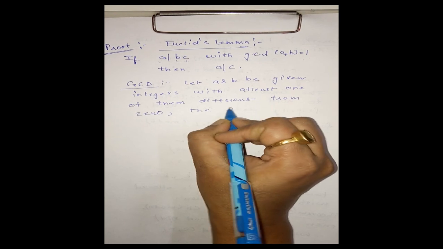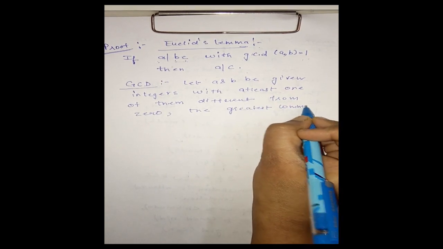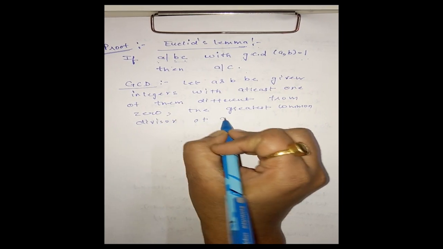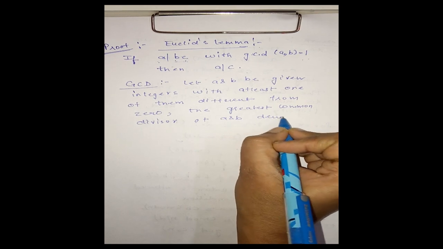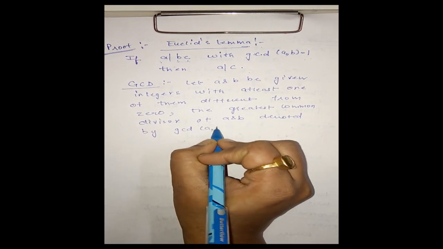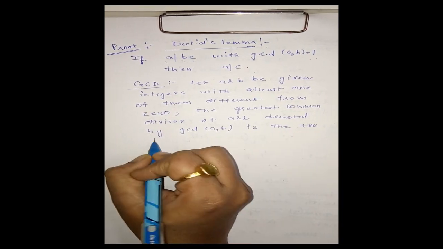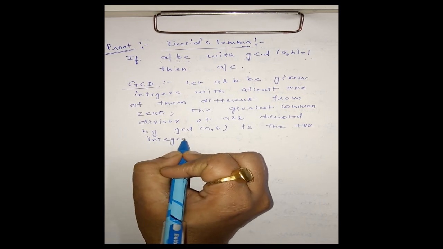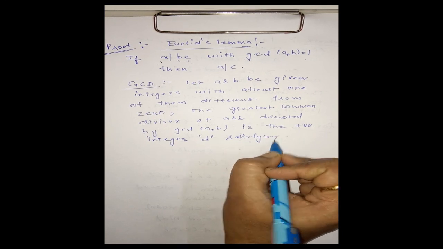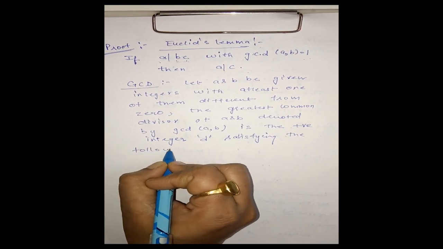The greatest common divisor of A and B, denoted by GCD(A, B), is the positive integer D satisfying two conditions.